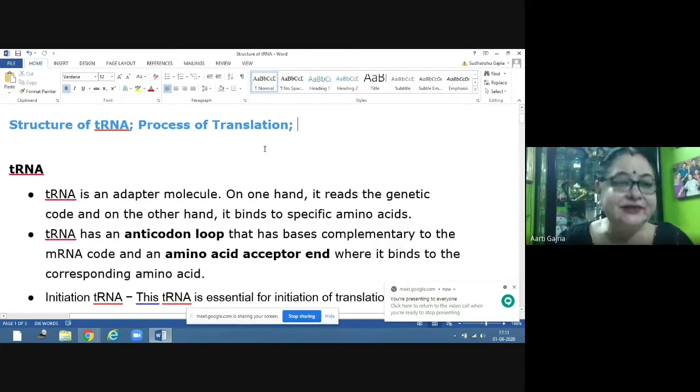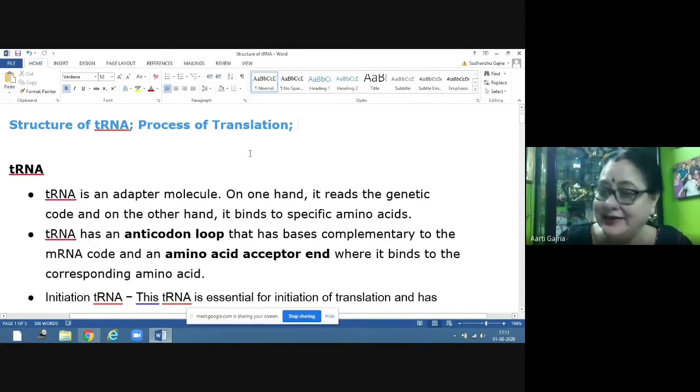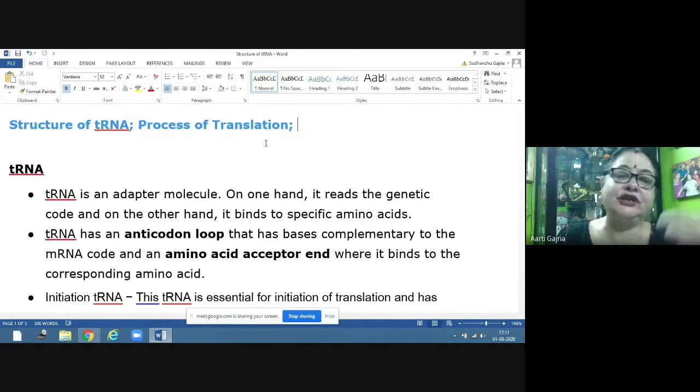For synthesis of proteins, amino acids are required, and the amino acids are selected as per the triplet code. We have seen that every code is coding for one amino acid. Now those amino acids have to be brought together, and then only the protein can be formed, because protein is a polymer of amino acids.